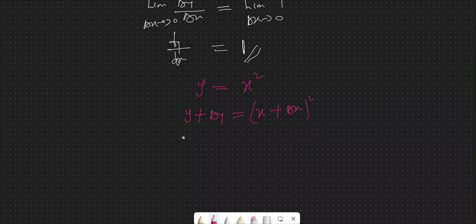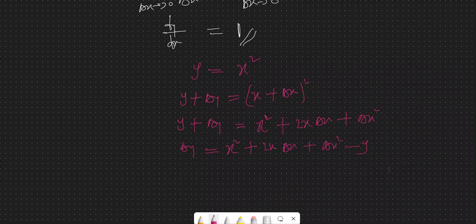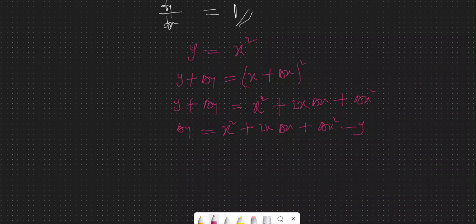So we say we have y plus change in y equals x squared plus 2x change in x plus change in x squared. Then we can say change in y equals x squared plus 2x change in x plus change in x squared minus y, right? This y is coming to this side.